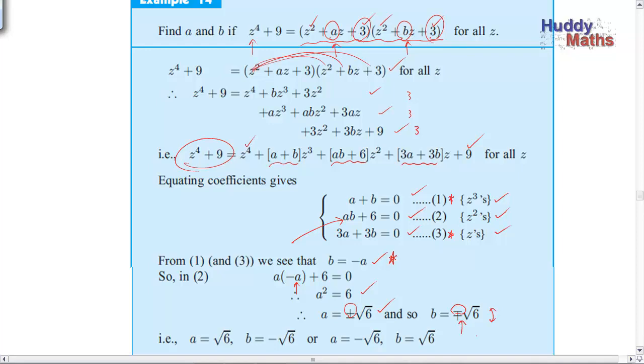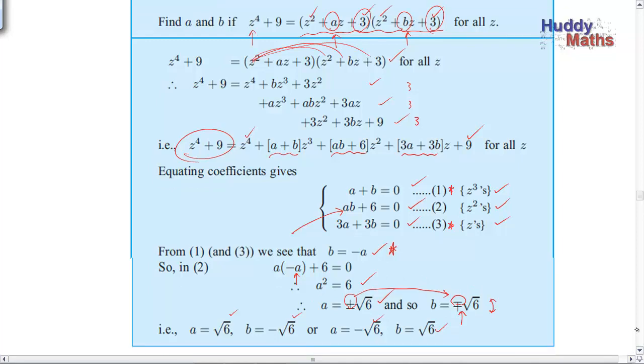That's indicating that b is the negative of a. So if a is positive, it mates with a b which is negative. So there are our two solutions. You could have root 6 for a and neg root 6 for b, or neg root 6 for a and root 6 for b. It gives you the same answer, doesn't it?